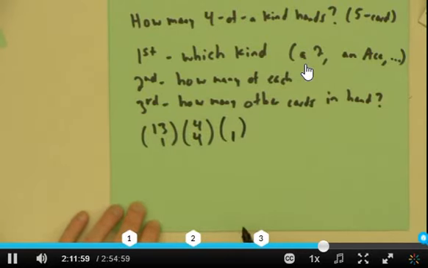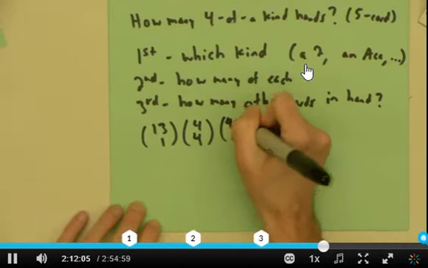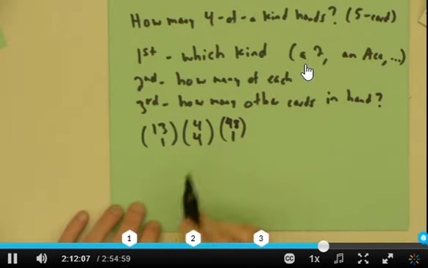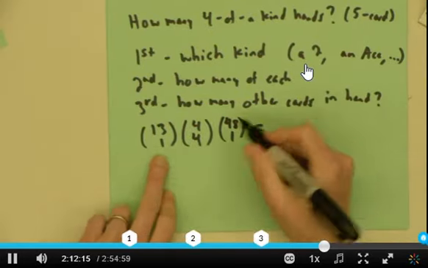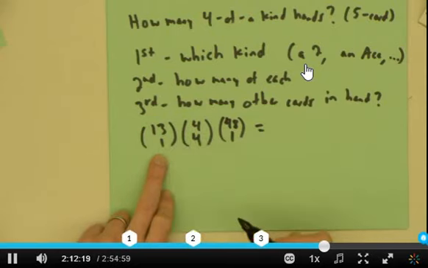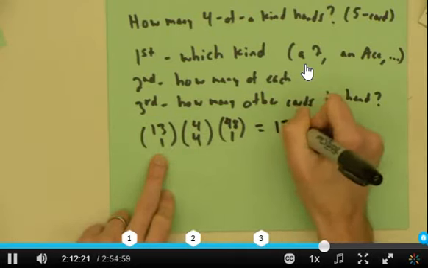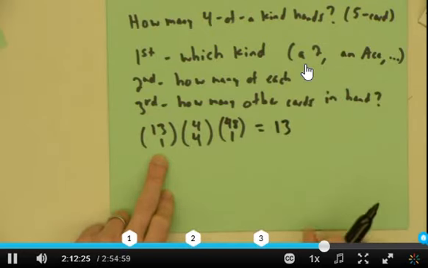And that 1 card could be any of the remaining 48. This is the number of 4 of a kind hands if I multiply these 3 numbers together. Okay. This is a neat feature that combinations, 13 choose 1 is always 13. 7 choose 1 is 7. 52 choose 1 is 52. Just always works that way.